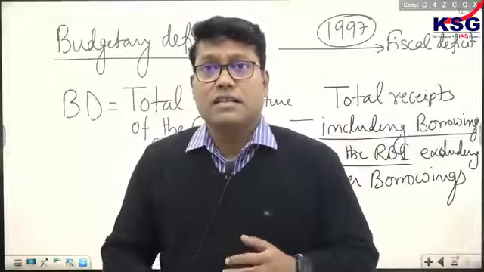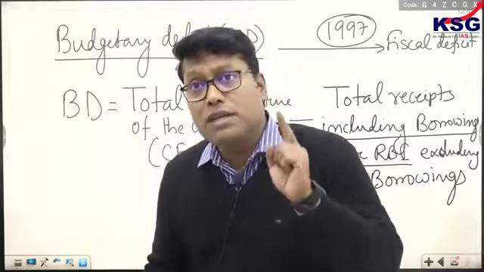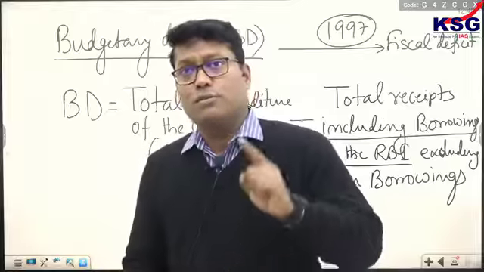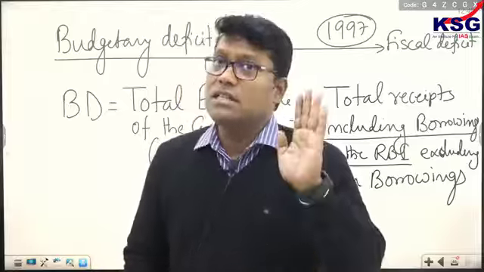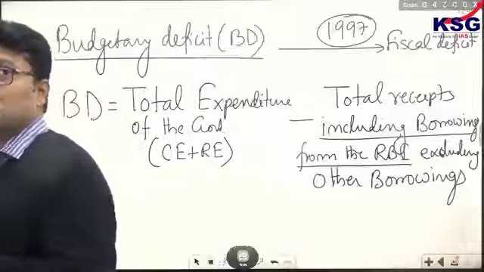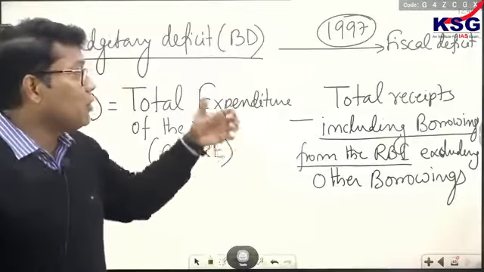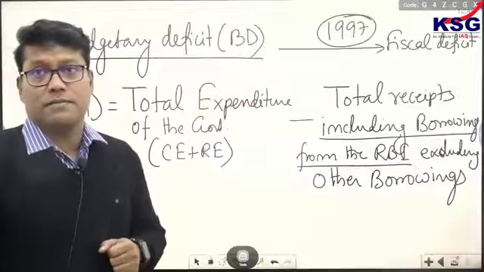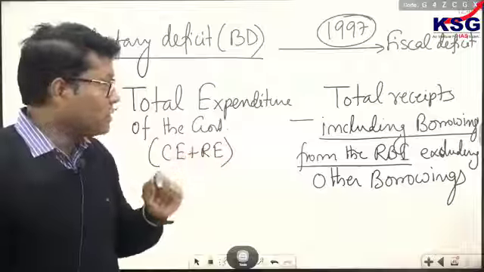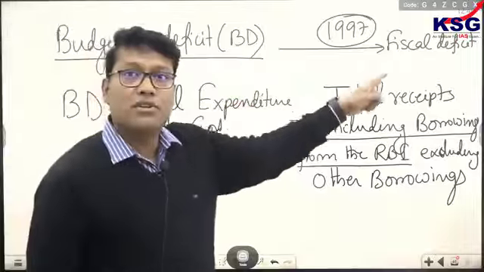After that, the debate started basically, and many experts said borrowing is borrowing, whether from the RBI or other sources. So you have to exclude all borrowings when you calculate the deficit. Then in 1997, the government changed the definitions.